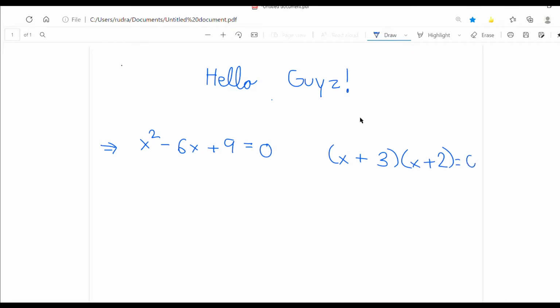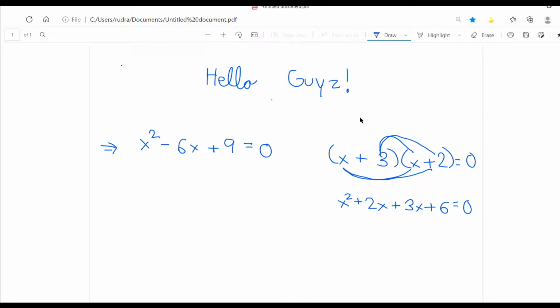Now the answer for this will be the multiplication of x times x, this x times 2, and that will be x squared plus 2x, right? And then it's gonna be 3x, which basically is 3 times x, and it's gonna be 3 times 2, which is basically 6, equals 0.